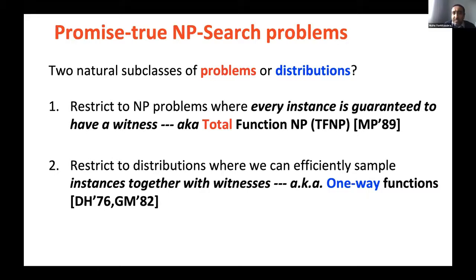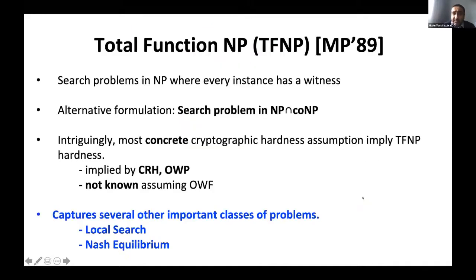So before I get into a little bit about our result, I want to tell a little bit more about these two classes. So TFNP, these are search problems where every instance has a witness. An alternative formulation is a search problem in NP intersect co-NP.